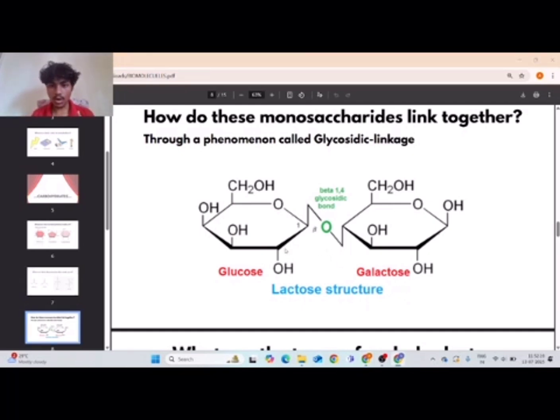Glycosidic linkage occurs through the condensation or dehydration reaction that takes place between the monosaccharides, and because of these bonds, all of the simpler monosaccharides come together to form a more complex carbohydrate, which can be a long chain carbohydrate or a short chain carbohydrate.